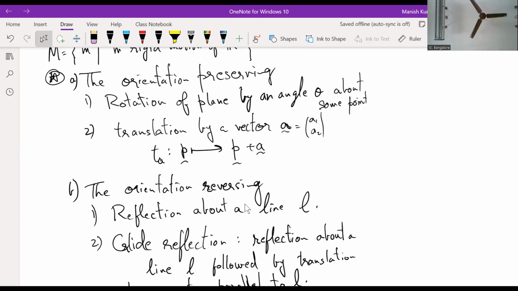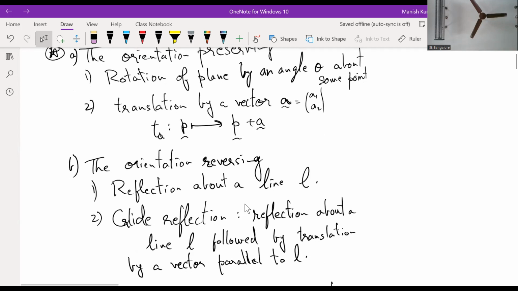Examples of orientation reversing is reflection by a line L. You have a line in the plane, and you reflect about that line. Take any line in the plane R2 and then reflect about that line, or a glide reflection. Glide reflection means there is a reflection about a line, and then you translate not by some arbitrary vector, but a vector parallel to that line.